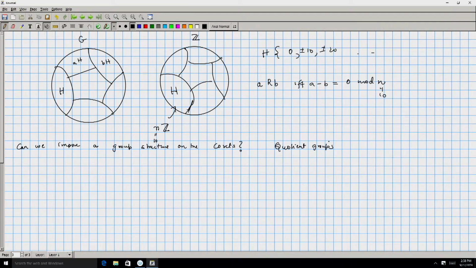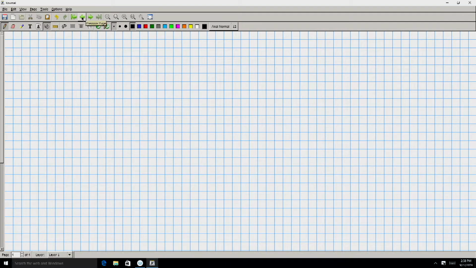In some sense, we are using the subgroup H to divide the group G into different parts, and then we define some group structure on the parts obtained. In order to look at these things more closely, we will look at the concept of homomorphism.